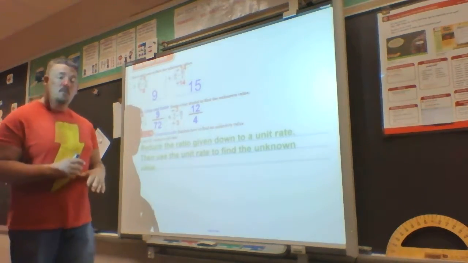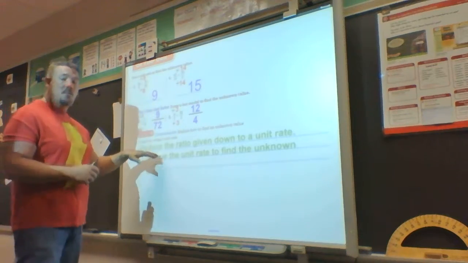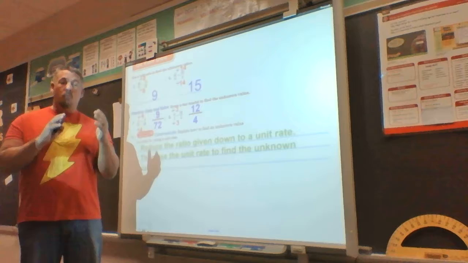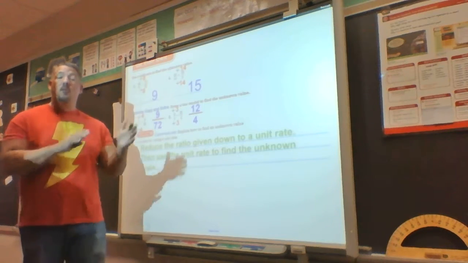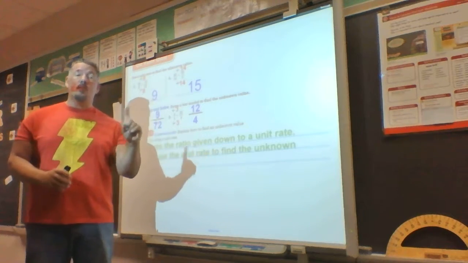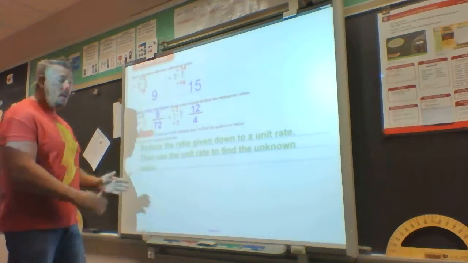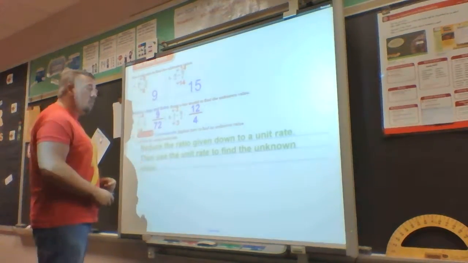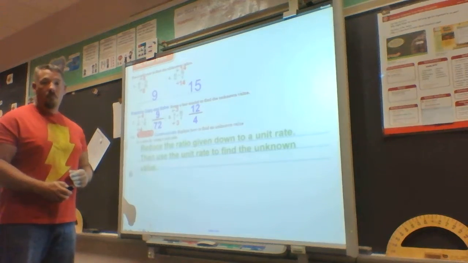So all of these problems are going to be found by doing these steps. And you're just explaining what those steps are. I reduce the rate that's given in the story problem down to its unit rate. So I know there's going to be a 1. And then I use the unit rate to find the unknown value in the math problem.